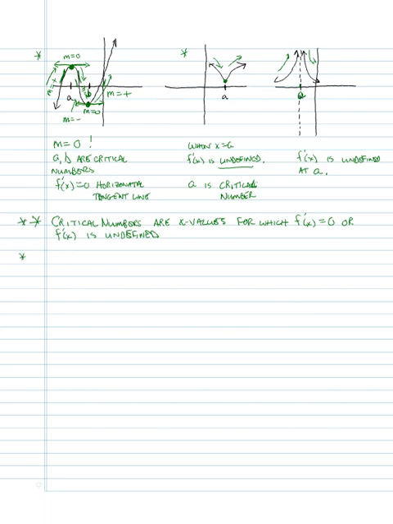And second, we need to recognize that the critical numbers are the only places for which the graph can change directions.